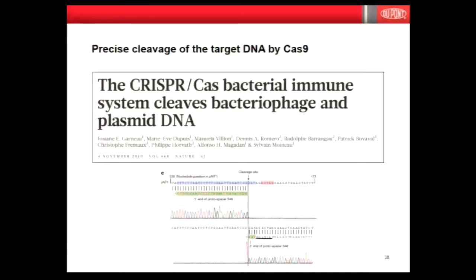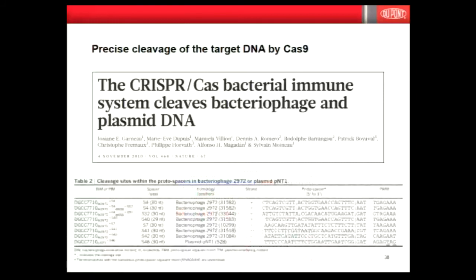Then in 2010, we showed that Cas9 was cleaving the DNA in a blunt fashion. It's work done in collaboration with Sylvain Moineau in Quebec. And so it was done not only with plasmid DNA, but in vivo with phage DNA, showing that the target DNA was cleaved always at the same precise location.